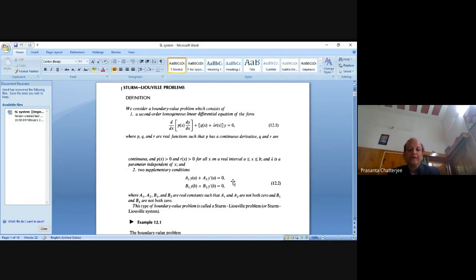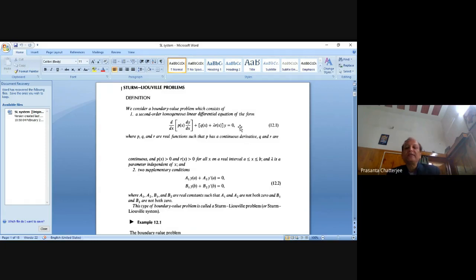Since it's a boundary value problem, the conditions are considered both at a and b with the linear combination of the value of y and y' at the point a and at the point b.